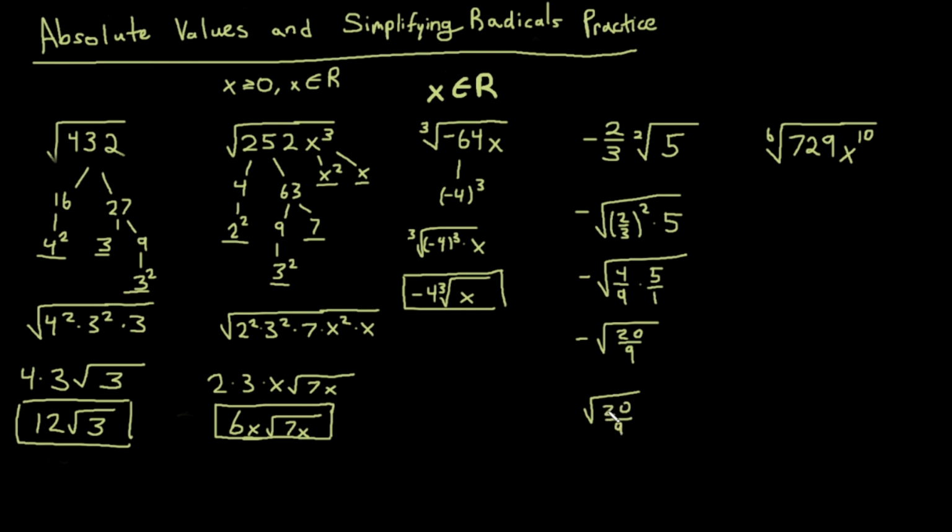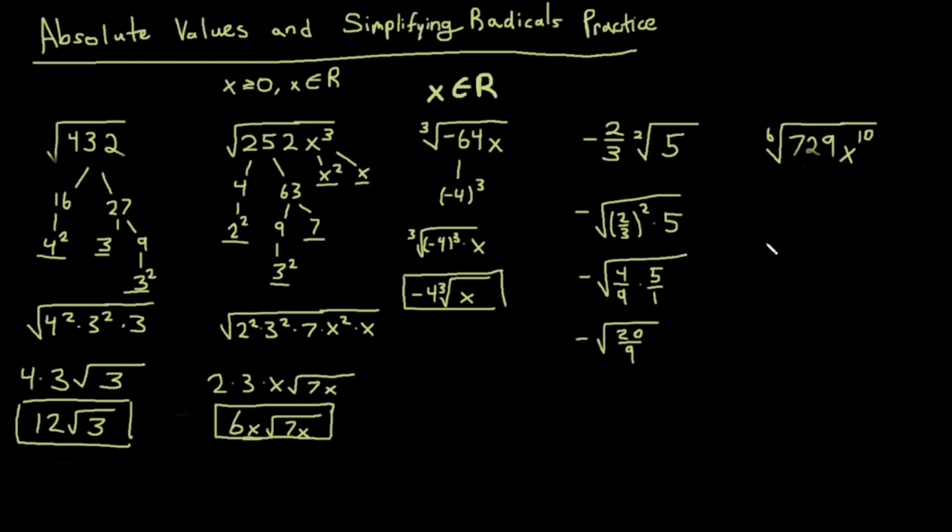Now, this value is drastically different from negative 20 over 9, which is the same as negative 2 over 3 times root of 5. So by taking the negative in, we're completely changing the value of it, which we can't do. So if there is a negative in the coefficient and you have to turn it into an entire radical, you just leave the negative outside.